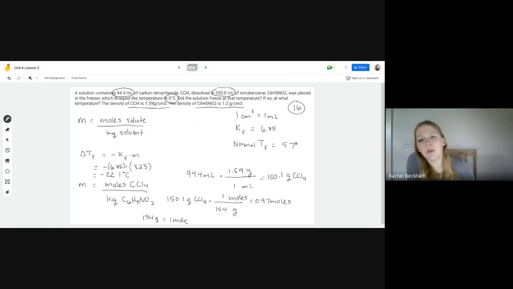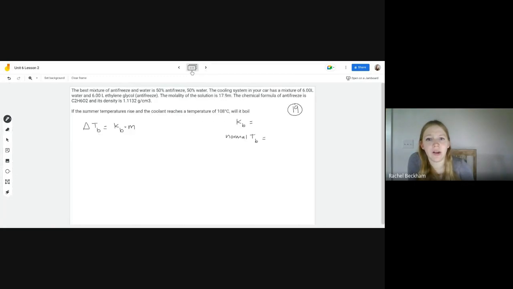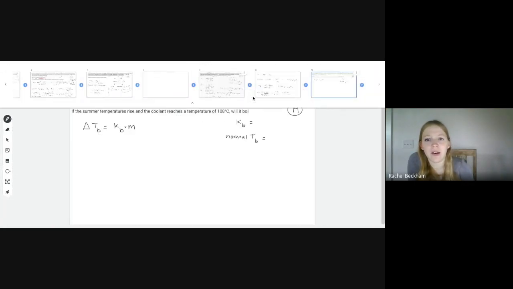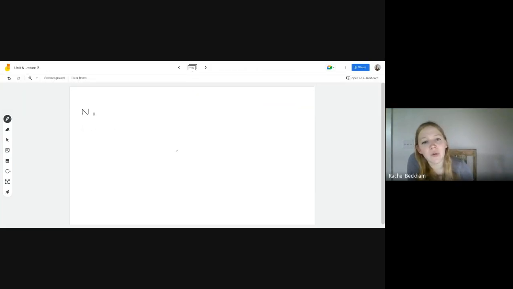So the normal freezing point is 5.7. I'm going to write this down over here. We're going to do even one more slide. Where am I? The normal freezing temp, didn't I say it was 5.7? Yes, it was 5.7. And our change in temp came out to be what?